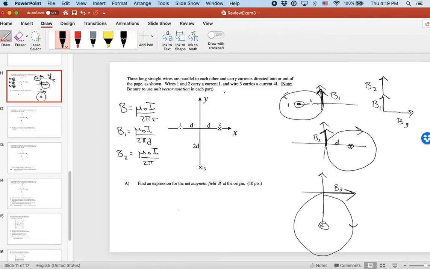And B3 is going to equal mu naught, now my current here is 4I over 2 pi, and my r here is going to be 2d. The 4 on the bottom and 4 on the top cancel, and I get mu naught I over pi d.